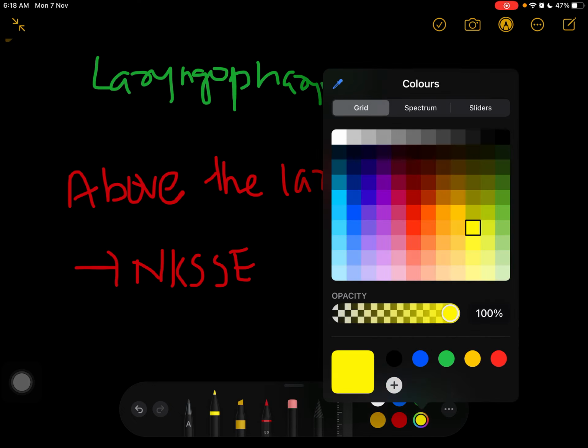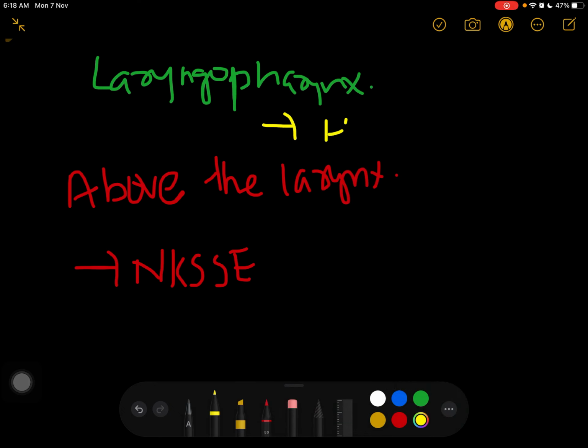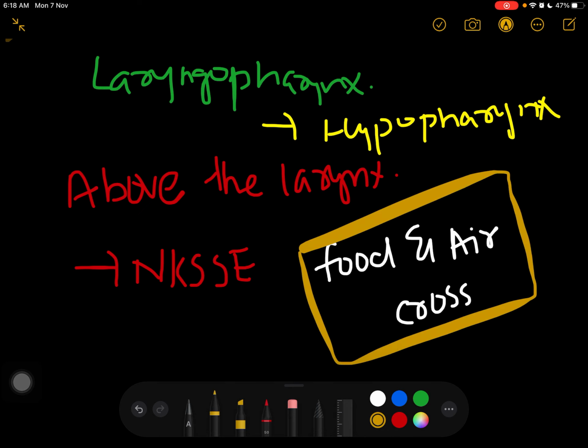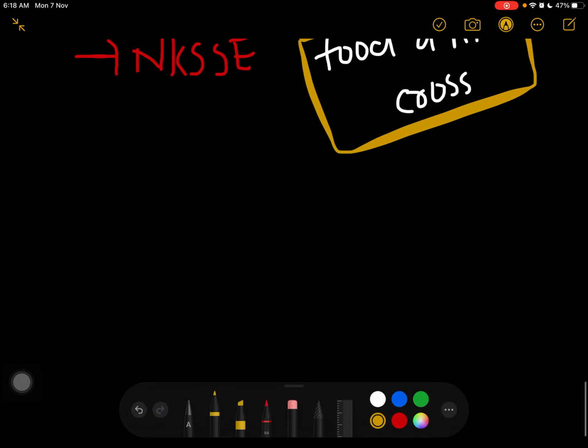This laryngopharynx is also known as hypopharynx. It is a place from which the food and air cross, the food from oropharynx and the air from nasopharynx.